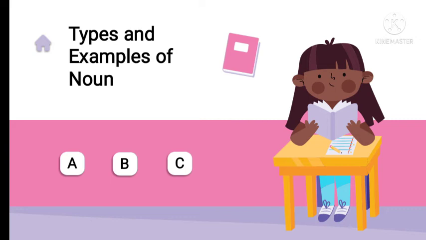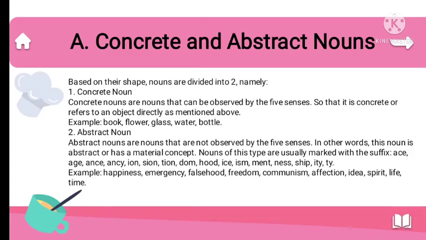The second is about types and examples of nouns. The following are types and examples of nouns in English. Point A, concrete and abstract nouns, decided on their shape. Nouns are divided into two, namely, number 1, concrete nouns.